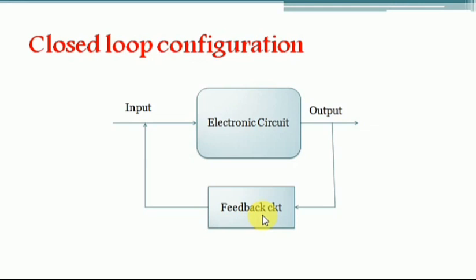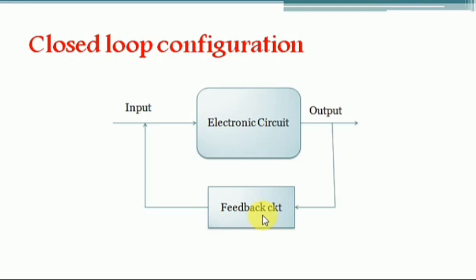Now for the op-amp circuit, how will this feedback circuit be? For simple applications like adder, subtractor, multiplier, divider circuits, we use passive elements, either resistor, inductor or capacitor. For other higher applications like log amplifiers and anti-log amplifiers, we use BJT circuits in the feedback circuit.